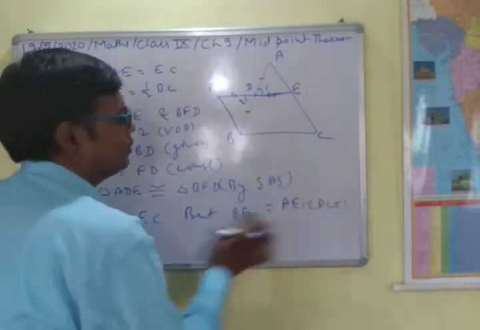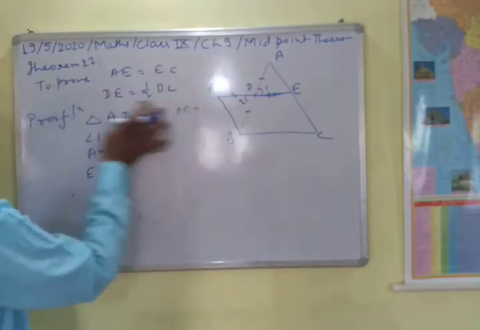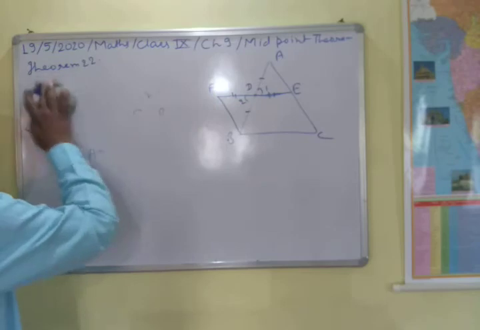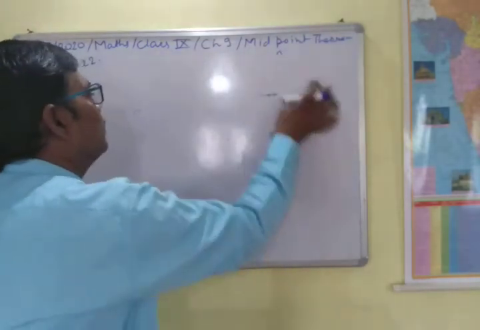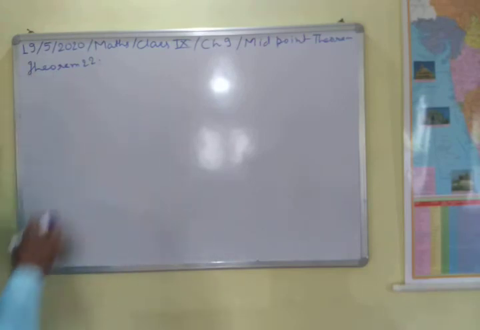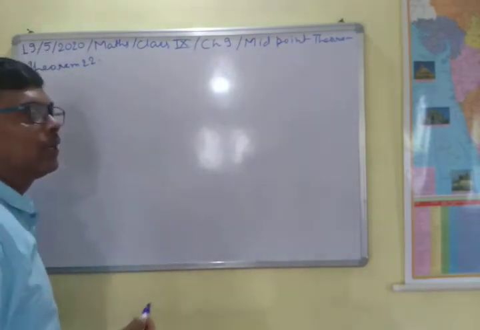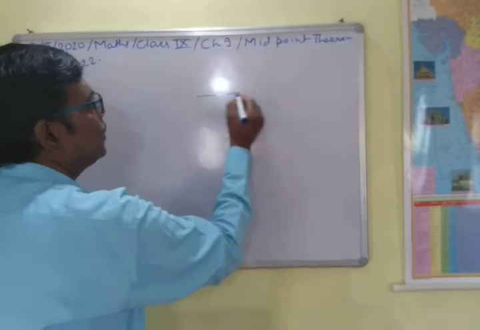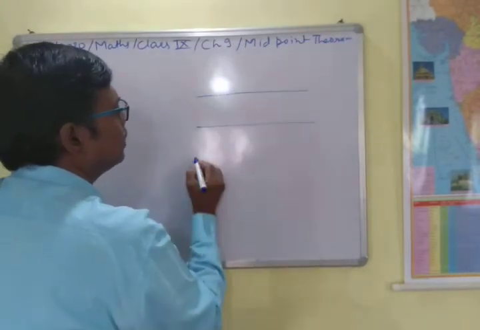So again I will just explain what it means. This theorem states that suppose there are three lines like this, and these are parallel.